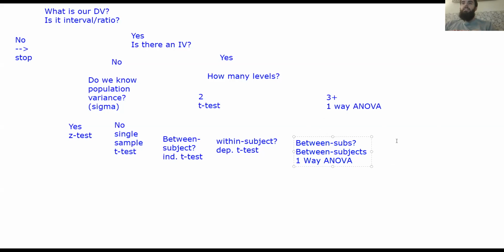Versus, is it a within subjects design, for which we'll run a within subjects one-way ANOVA. So our flow chart is getting bigger.